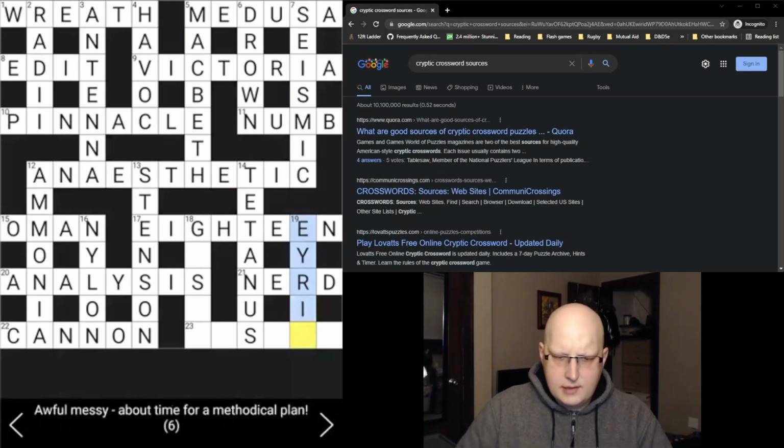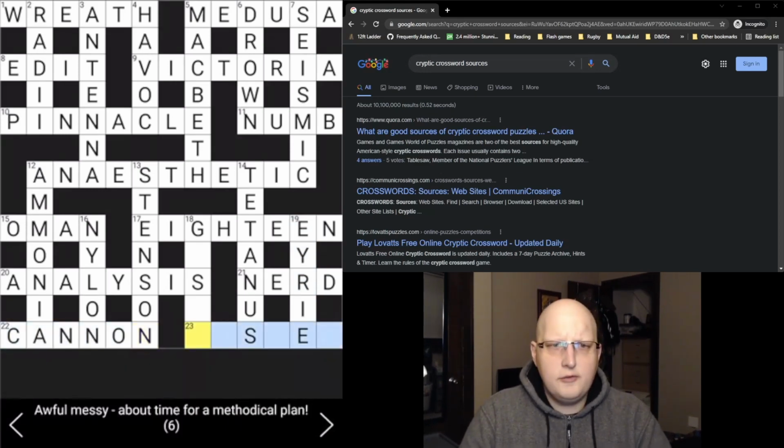All right, this bottom clue here. Whoops, here we go. Awful messy. About time for a methodical plan. Well, I see the letters S and E are there already, so I'm going to say that messy, the letters in messy in an awful order, about the letter T for time. If you ever studied any physics, the letter T is often used as the variable for time.